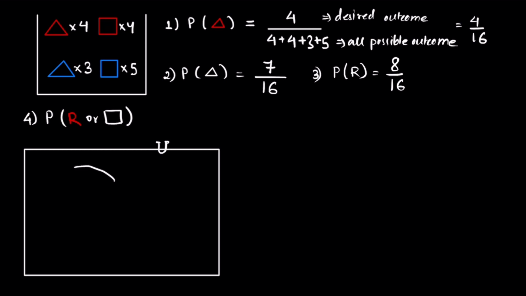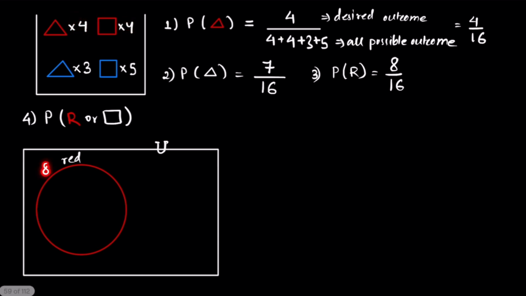You have your possibilities of getting red. So that's your red. And there are altogether 4 plus 4, 8 possibilities of getting red.